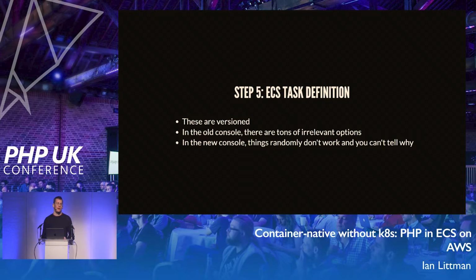The newer version of the console cleans this stuff up considerably. However, I had issues where it would error out and provide me really no explanation of why it was doing so. So we're going to use the old console UX. Feel free to, in your own experimentation, try the new one and see if it works for you.